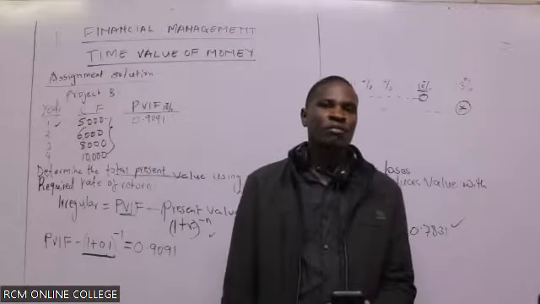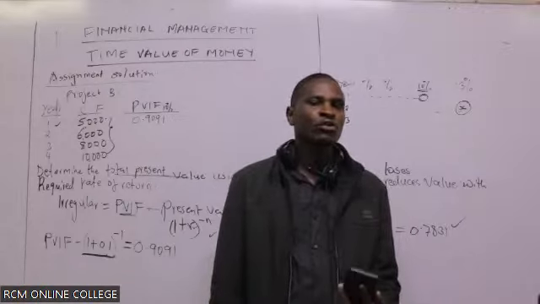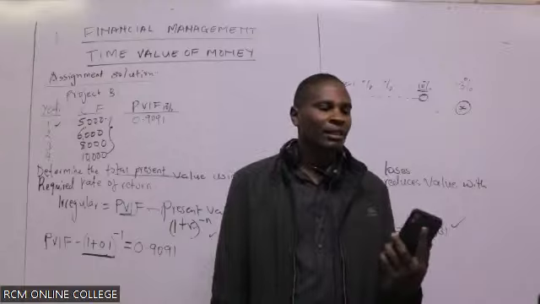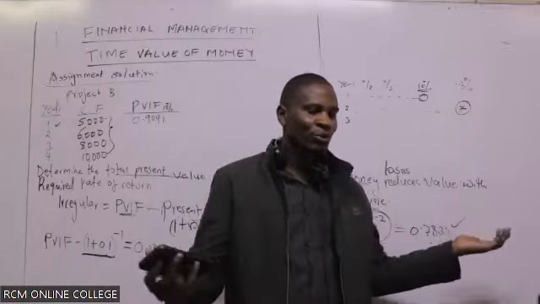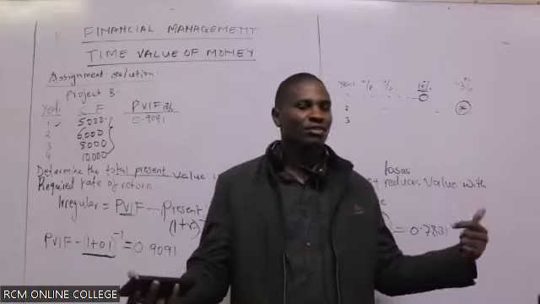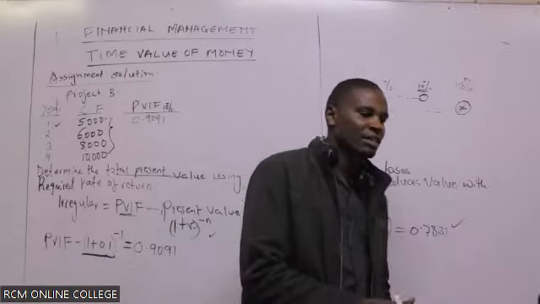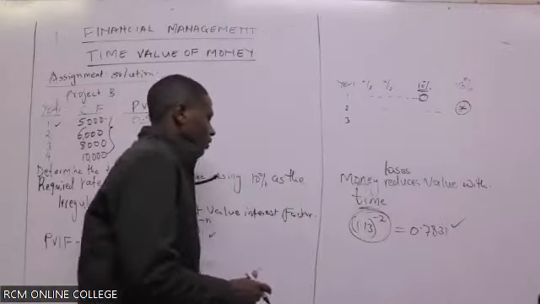So examiner expect you to use the table. But sasa unaweza kuta kama hii yenye haiko kwa table. What do you do? Use common sense and use a calculator. Sawa. Are you together, Simon?